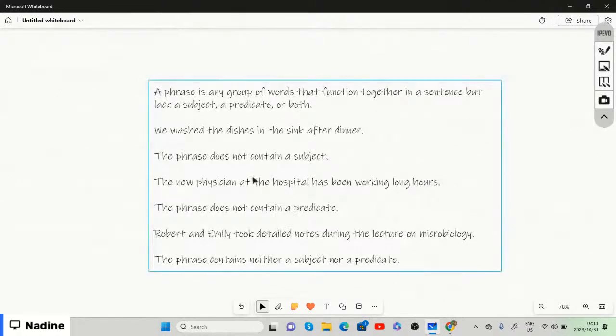And then we have a phrase. A phrase is any group of words that functions together in a sentence but lacks a subject, a predicate, or both. An example of a phrase: we washed the dishes in the sink after dinner.